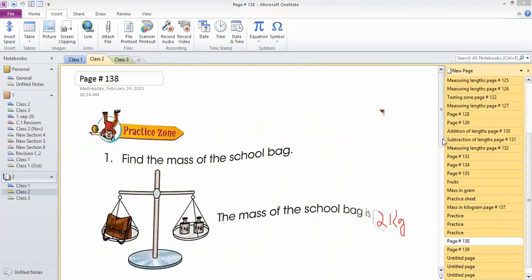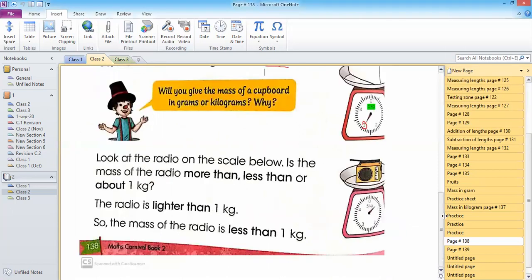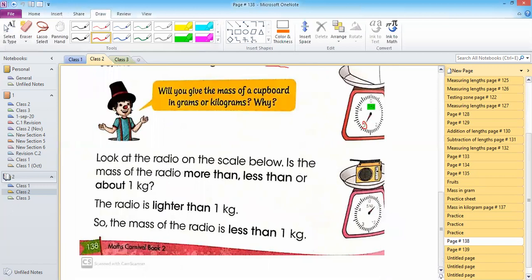So guys, look here on page number 138. You can see that this needle is not at 1. It is less than 1, right? So the needle is before 1.